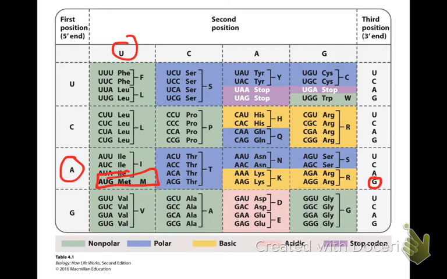Okay, so as you can see, I want to point out a couple of things here. The first thing I want to point out is that there are 20 amino acids or so, but there is repetition in the code. So in other words, all of these right here code for the same amino acid, leucine, okay?